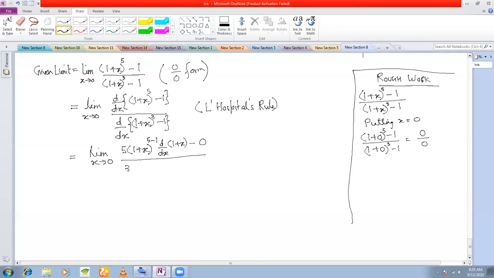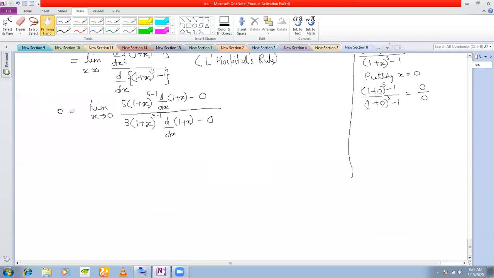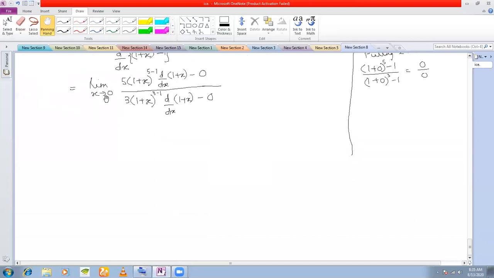Similarly for this one, 3 times 1 plus x to the power of 3 minus 1, ddx of 1 plus x minus 0, which is equal to limit x tends to 0 of 5 times 1 plus x to the power of 4 by 3 times 1 plus x whole square.